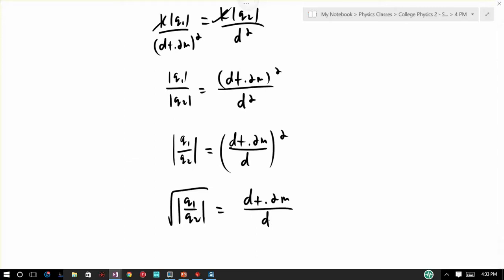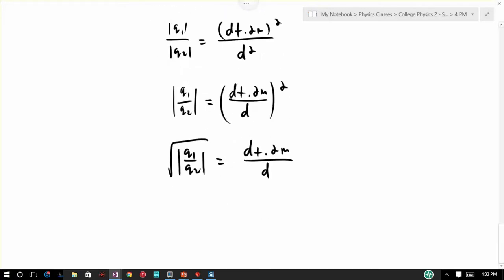And then what you're going to do is solve for D. You have to multiply by D on both sides, so it's not in the denominator anymore. And when you do that, I'll just write it again. That's Q1 over Q2. You probably can't read it because it's getting messier and messier as I go. But D times the square root of the absolute value of Q1 divided by Q2 times D plus 0.2 meters.